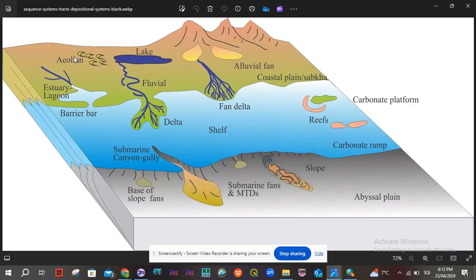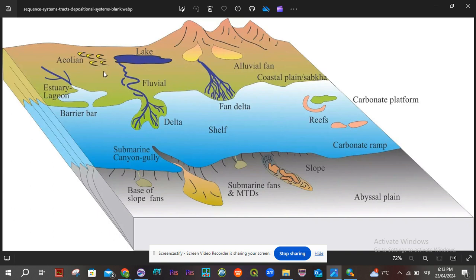So we have some Aeolian. This is the work of wind. Sediments which are deposited by fluvial or any other means of deposition can be reworked and carried away by wind, and this can be a deposition environment on its own.